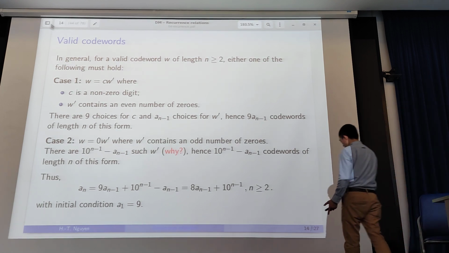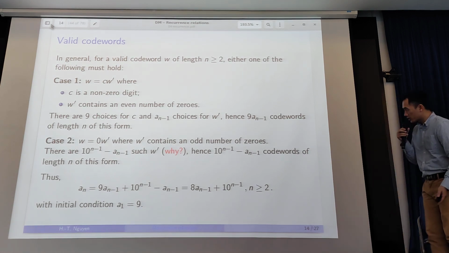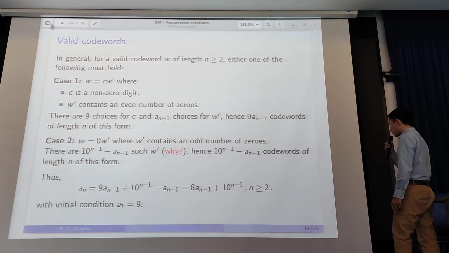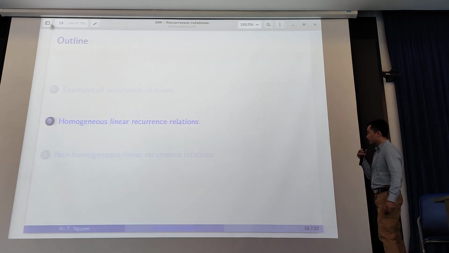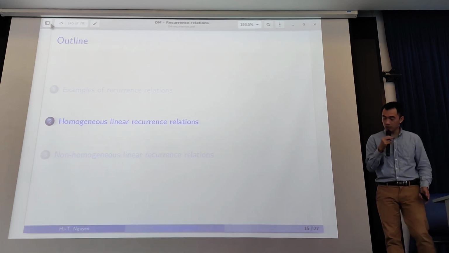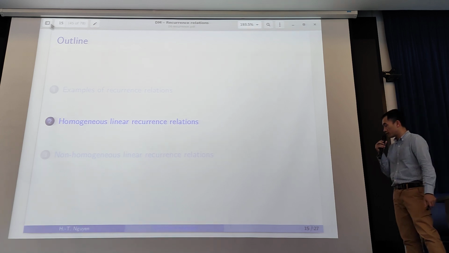So the relation for the tower of Hanoi is not homogeneous. This one is not homogeneous either. And the first one about the Fibonacci sequence is homogeneous. Okay. And so in the second part we will state the general solution for homogeneous and non-homogeneous linear recurrence relations.